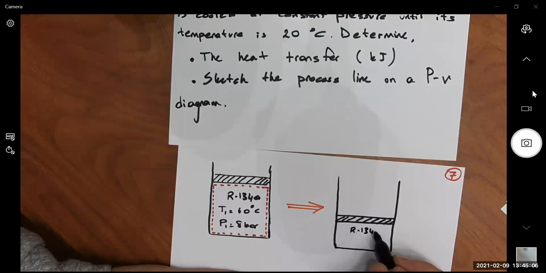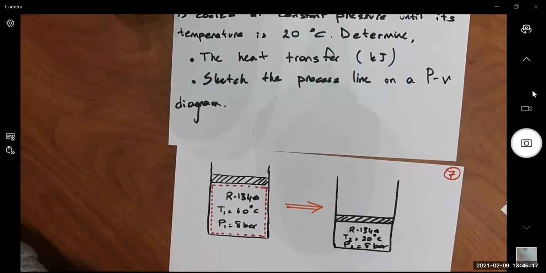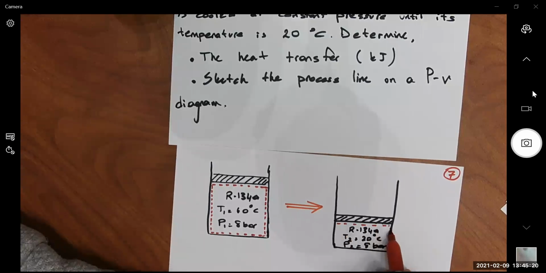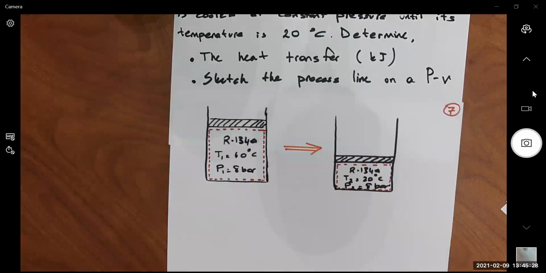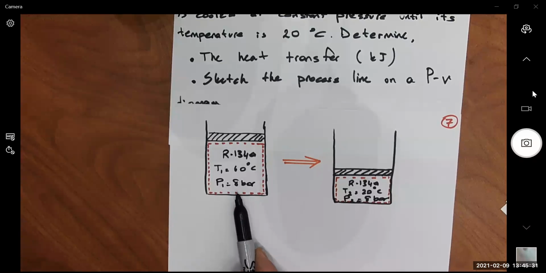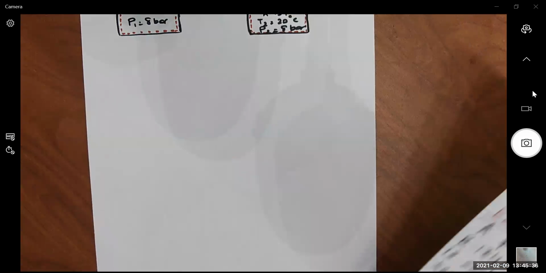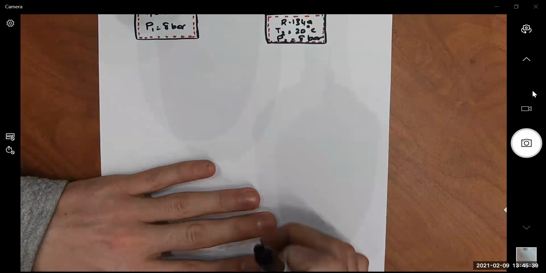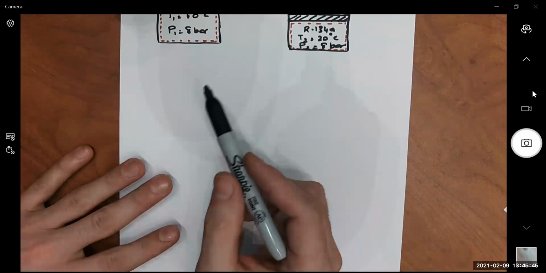We'll have at state 2 a temperature of 20 Celsius and pressure 8 bar. Right? At state 1, temperature is 60 Celsius, pressure is 8 bar. At state 2, temperature is 20 Celsius, pressure is 8 bar. As you can tell, it's an isobaric process. Okay?